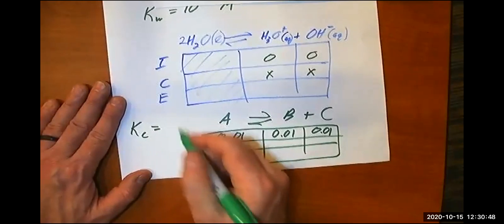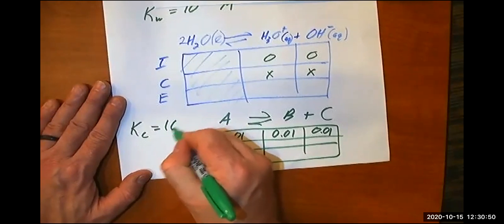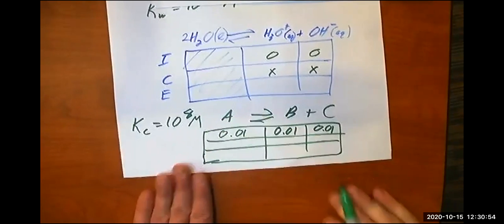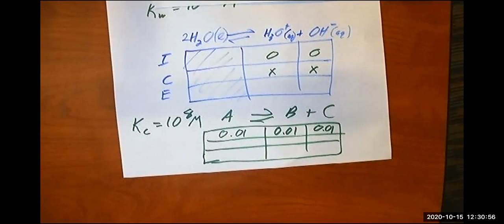Let us suppose that the equilibrium constant we get is like 10 to the 8th molar. So that's a big number, right? Now, what's the general pattern for an equilibrium constant? What over what? Products over reactants. Yep, exactly.